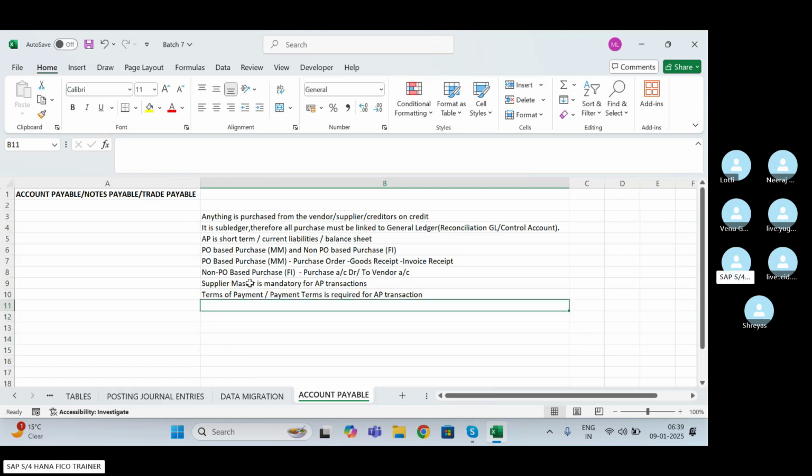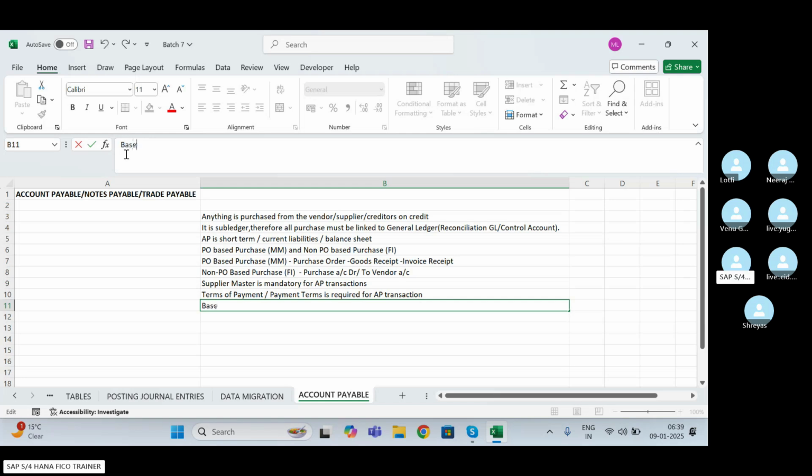Let's understand here. Let's say you purchase today and your vendor is saying that I'm giving you a 30 day credit period, or you make payment after 30 days. So today's date is known as the baseline date.